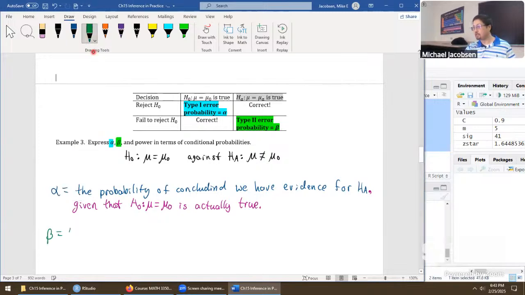Beta equals the probability of, let's see here, a beta, we're on row 1, which means it's a probability of failing to conclude HA, let's say conclude we have evidence for HA.